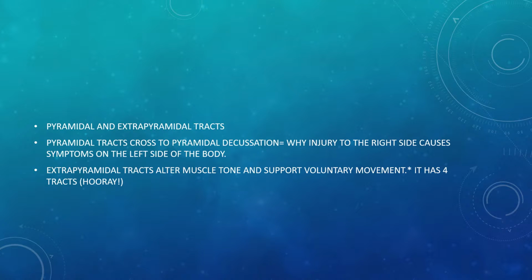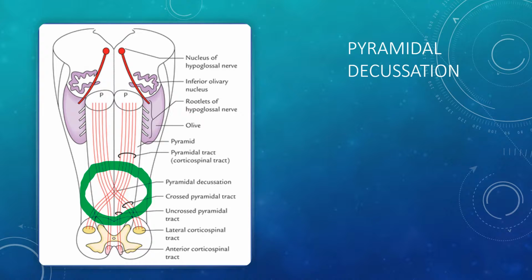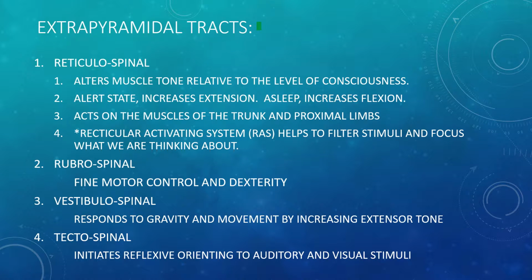And the reason that's important to you is because the green area denotes where that decussation or crossing takes place, which is why someone with a CVI who has a left brain injury will have symptoms of loss of motor control on the right side of their body. So that's what's significant about that pyramidal decussation.